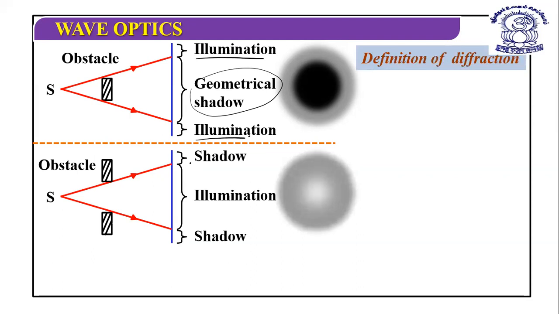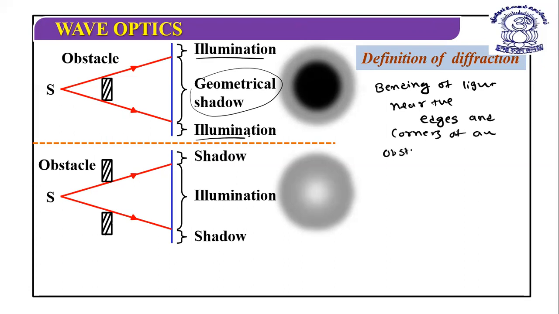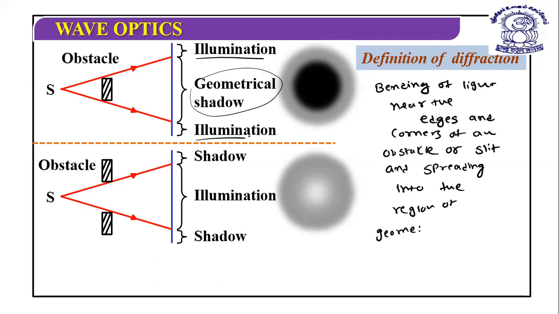So, diffraction is defined as the bending of light near the edges and corners of an obstacle or slit and spreading into the region of geometrical shadow.